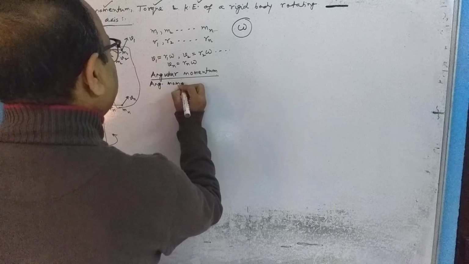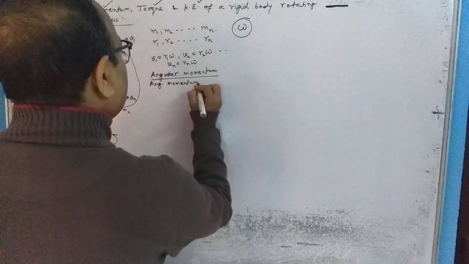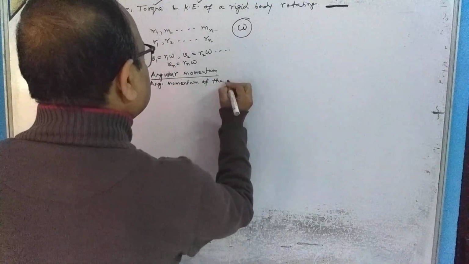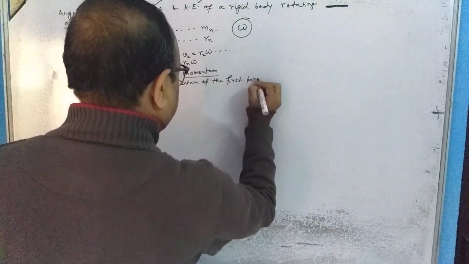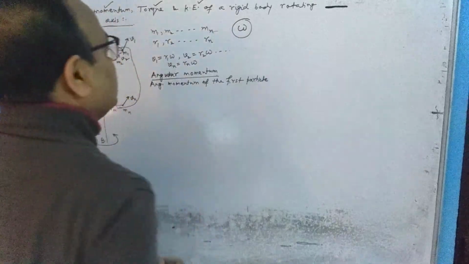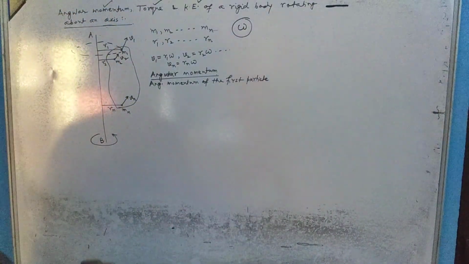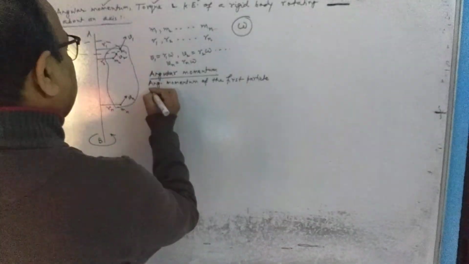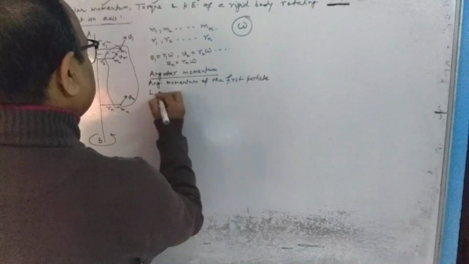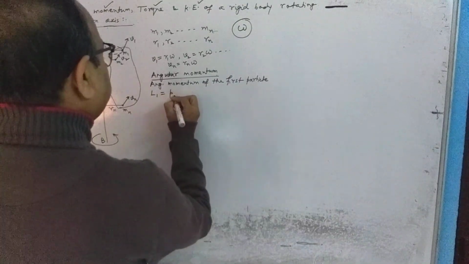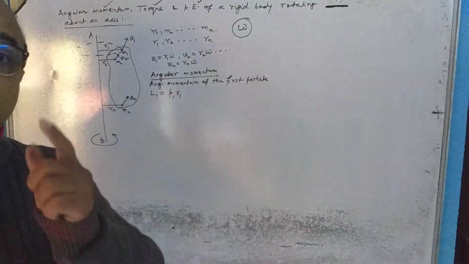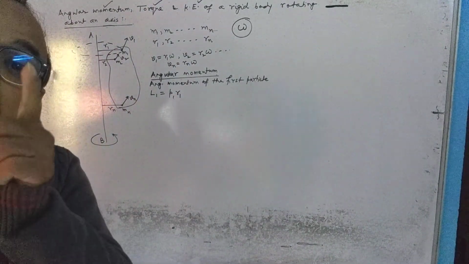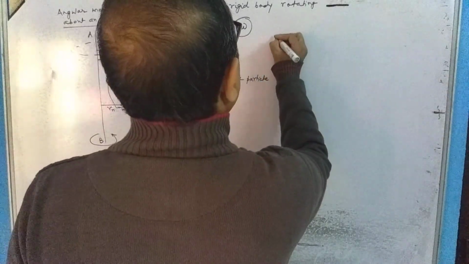Angular momentum of the first particle. Let us find out the angular momentum of the first particle. First particle is here. That is L1 is equal to P1 into R1. Now you will say how? How? I am telling you.